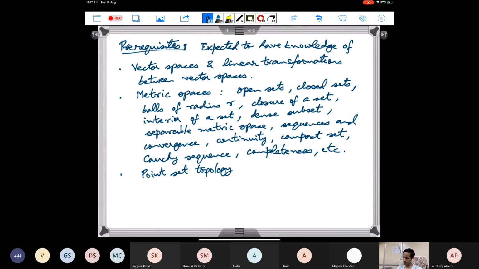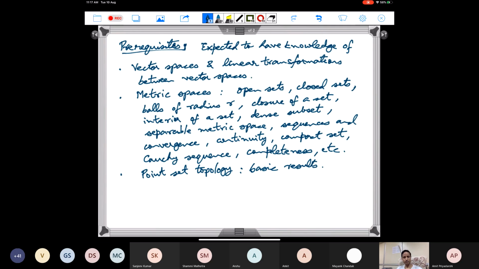Maybe we will need some basic things, but at least metric space, it is expected that you understand.